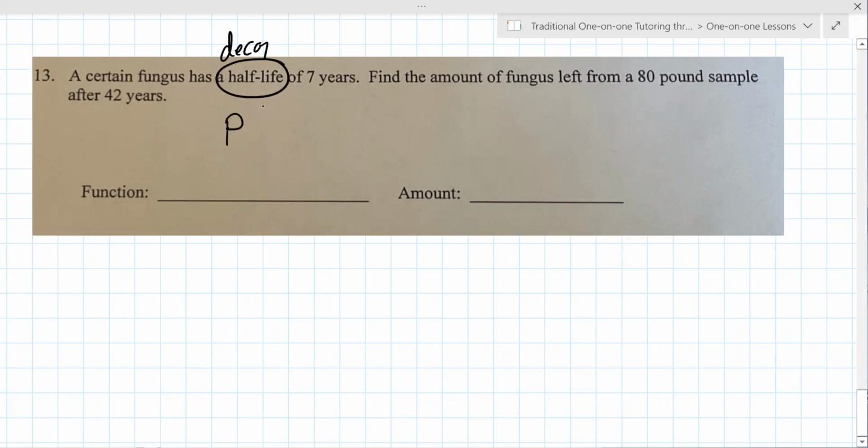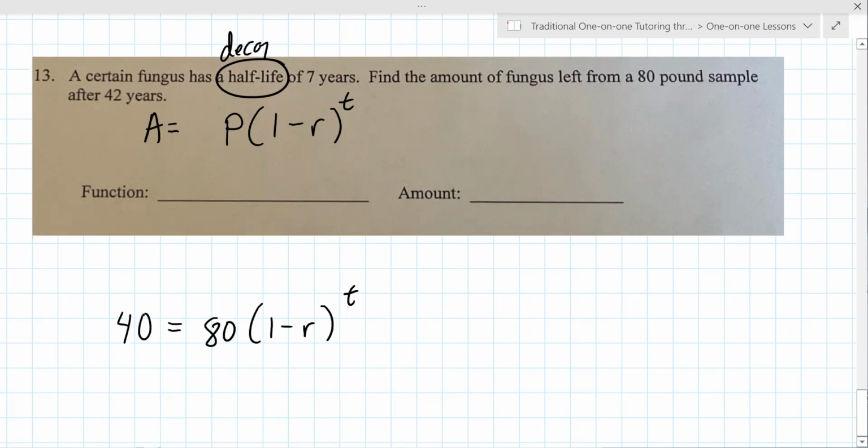So it's P times 1 minus R to the power of T. Okay, so that's what we're starting with. Very similar: it's 80 times 1 minus R to the power of T, but then we make some changes here because we're interested in figuring out R, we're not given R. We have to assume that half is left and replace T with 7.